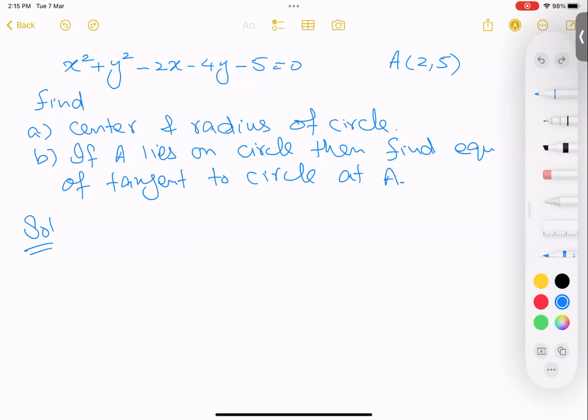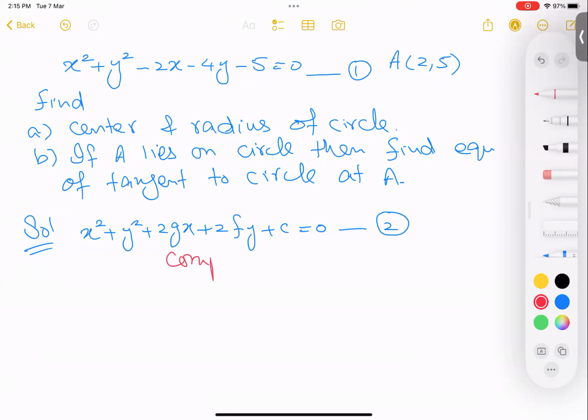If you recall the last lecture, we studied this one: x to the power 2 plus y to the power 2 plus 2gx plus 2fy plus c equals 0. This top equation is equation number 1 and this is equation number 2. After comparison, comparing 1 and 2, what do I get? We did it last class.